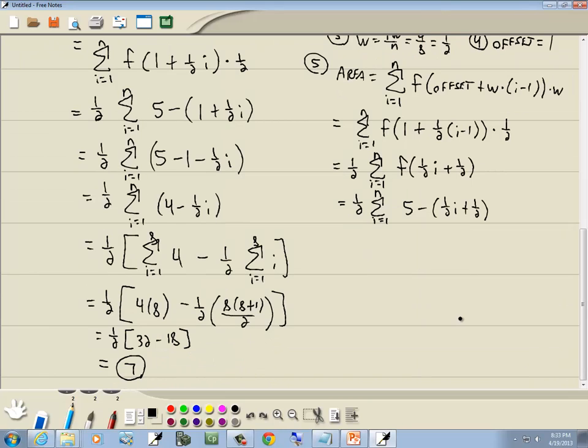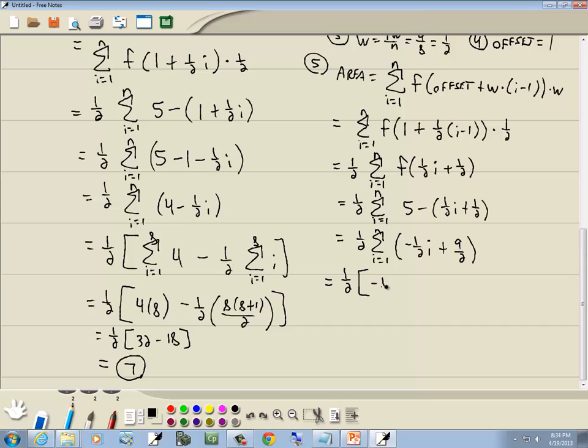And I can do a little bit of simplifying on that. So we have 1/2 times the summation from I equals 1 to n. That gives us negative 1/2 I. Negative 1/2, 5 minus 1/2. This is 10 over 2, that's 9/2. We'll split them into separate summations.